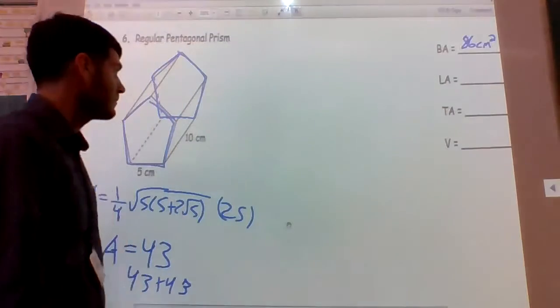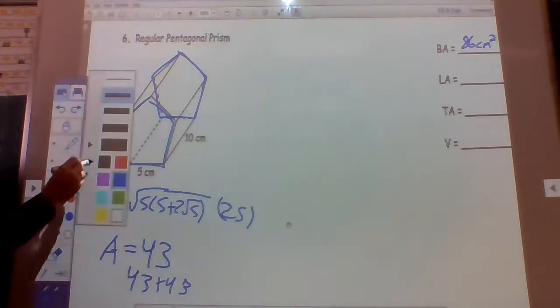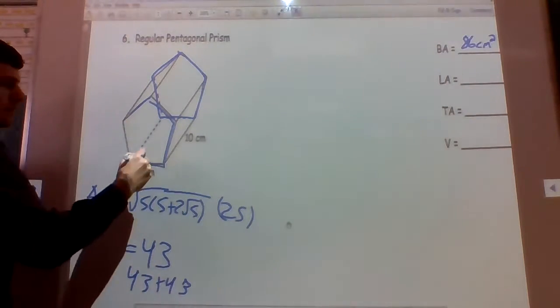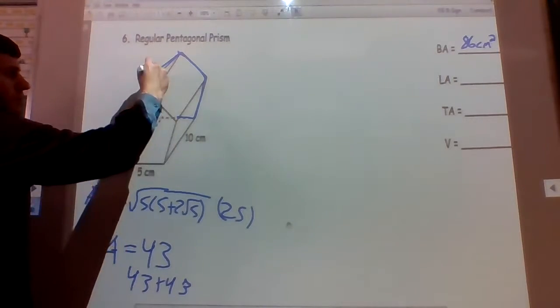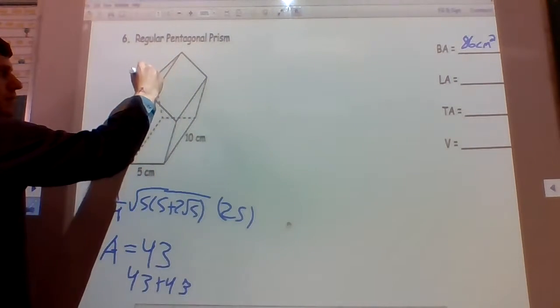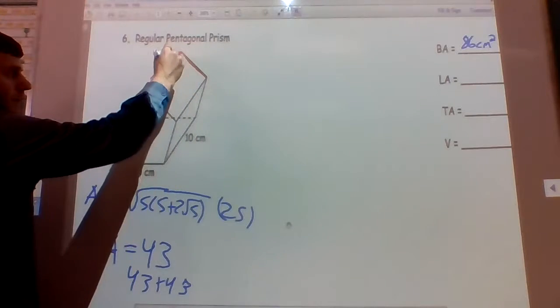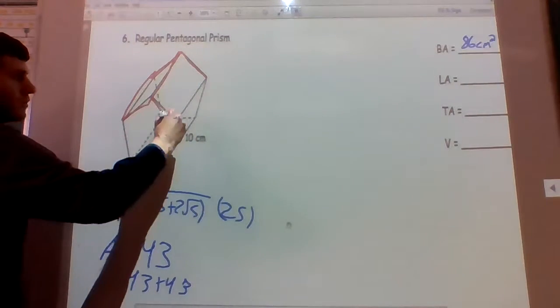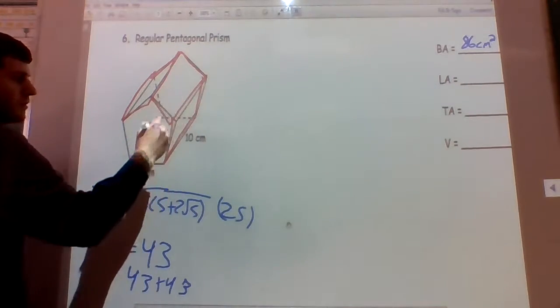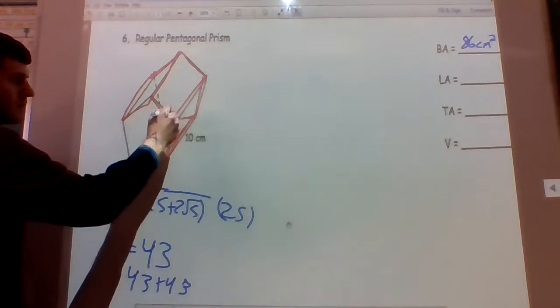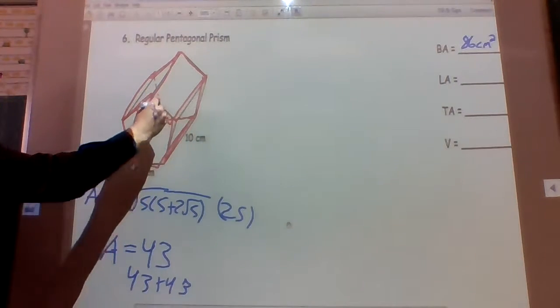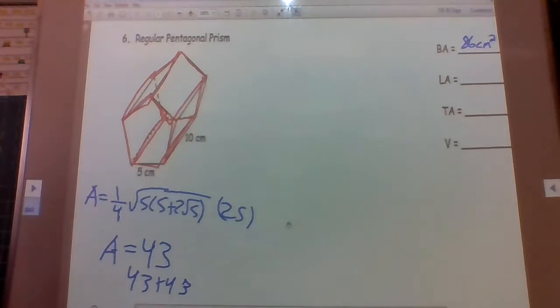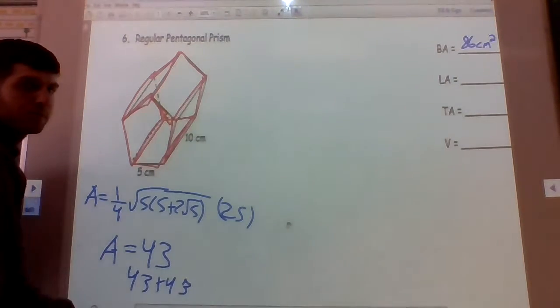Okay, lateral area. We have the pentagonal prism, so we have pentagons as the bases. So we have 1 rectangle, 2 rectangles, 3 rectangles, 4 rectangles, 5. It's a little messy, but there are 5 rectangles there.